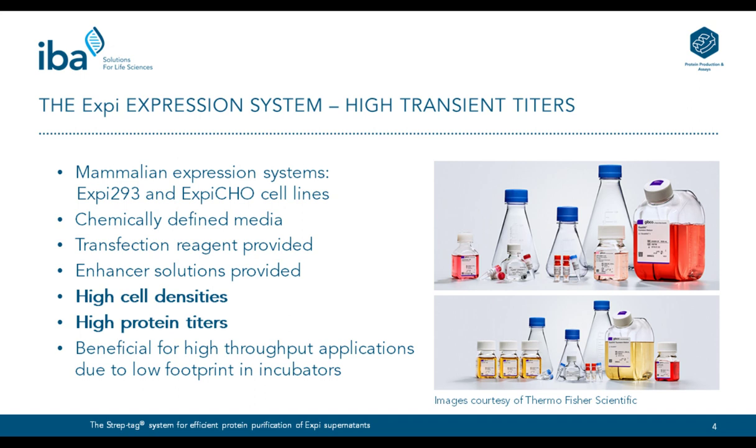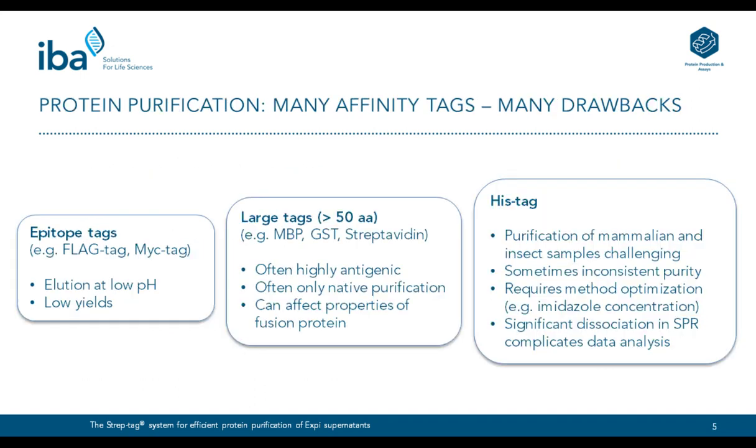So due to this high cell densities and the achieved high protein titers, it's possible to reduce the scale for your production and therefore the footprint in your incubators. And that allows you to simultaneously screen more drug candidates or process more proteins in parallel. And that's why this system is very often used in pharmaceutical companies for their R&D and drug discovery applications.